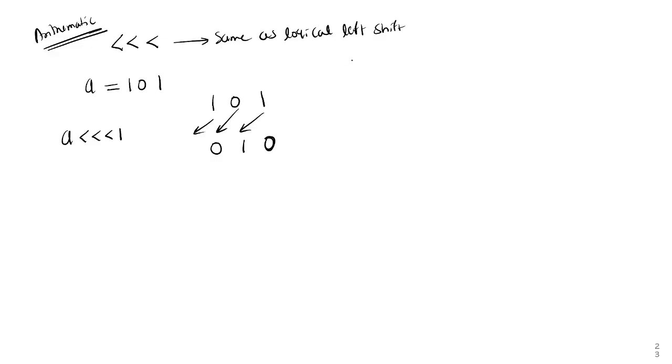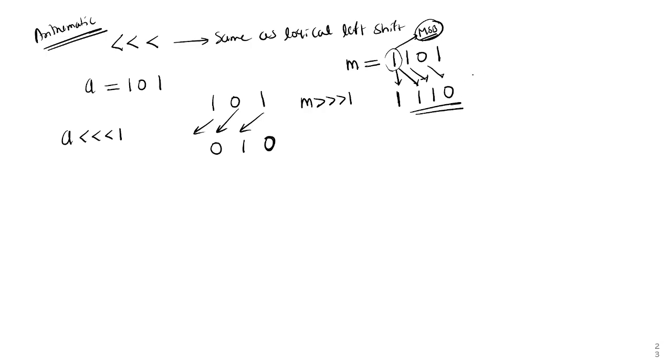Let us take m equal to 11101. I told you about signed numbers: the MSB decides whether the given number is positive or negative. When I do arithmetic right shift, it will hold this MSB and shift the rest; the change comes in the right shift.